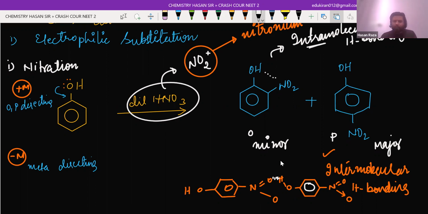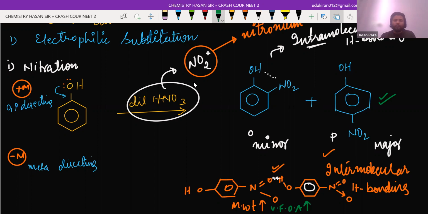Due to this hydrogen bonding, two molecules associate to become one molecule, due to which molecular weight increases, and due to the increase in molecular weight, van der Waals force of attraction also increases. That means it becomes more and more stable. Which one? Para is more stable due to this intermolecular hydrogen bonding.